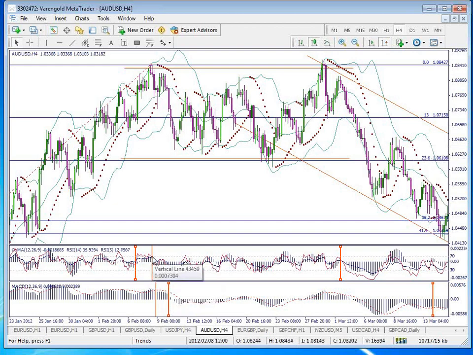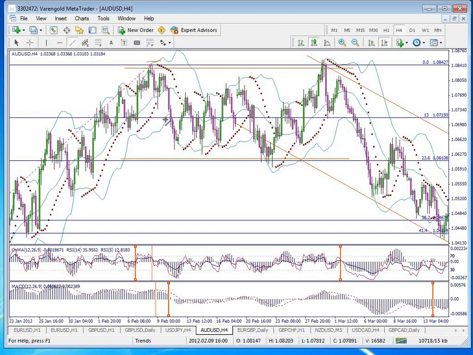So when I have the signal on 4 hour, I will simply put the stop loss a little bit over that Bollinger Band, a few pips higher than the 0 level of Fibonacci, and I will take as first target that 13 level, but sure, also 23.6 as the second target.